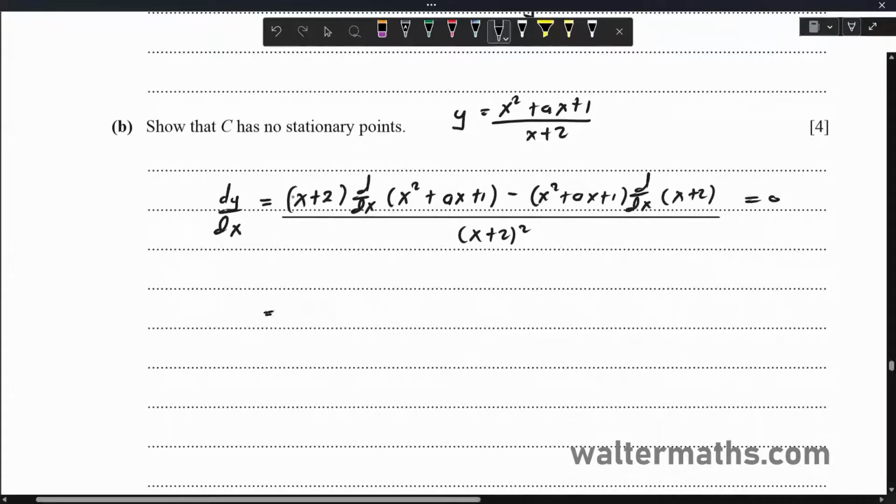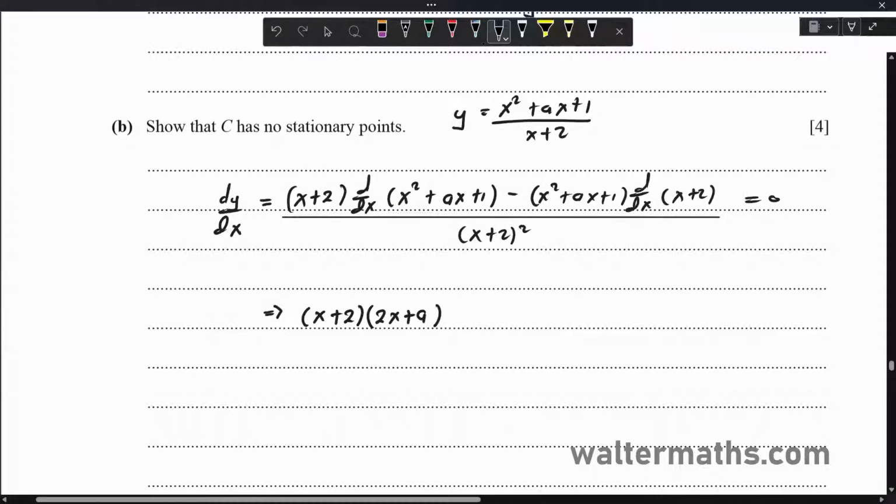We remain with the numerator because multiplying both sides by the denominator makes the other side 0. So we are left with x plus 2 here, and differentiating this gives us 2x plus a.